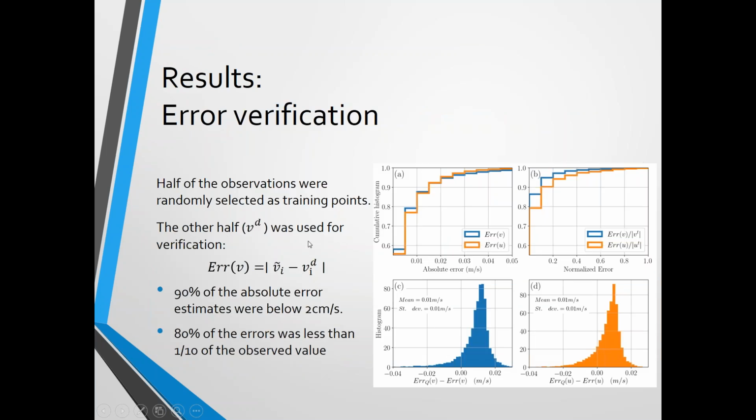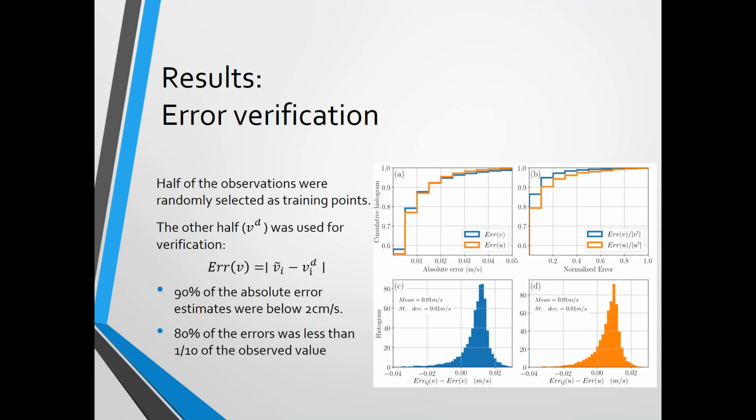To verify, I did some error verification for my estimates. After I have the covariance function optimized, I separated 50% of my observations as training points, and the other 50% as verification points.